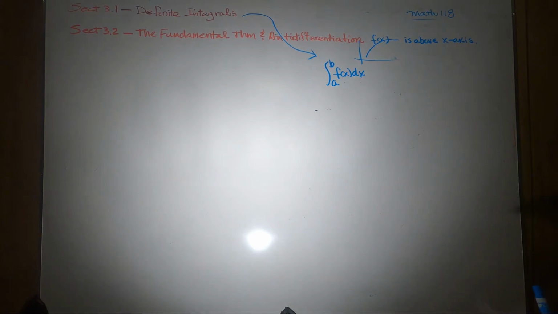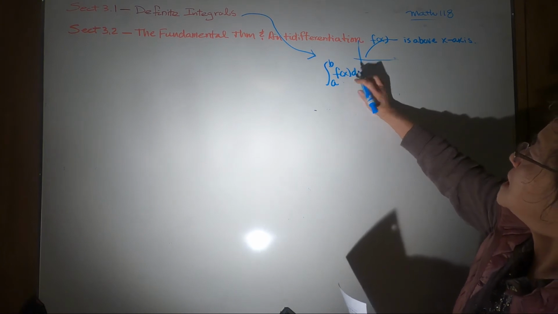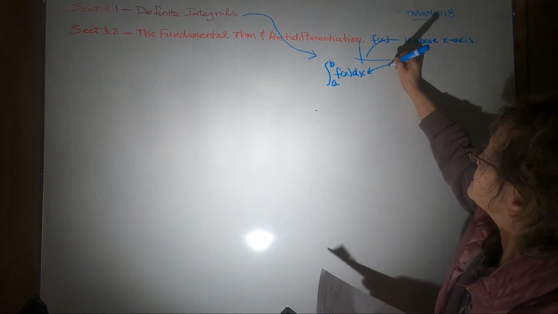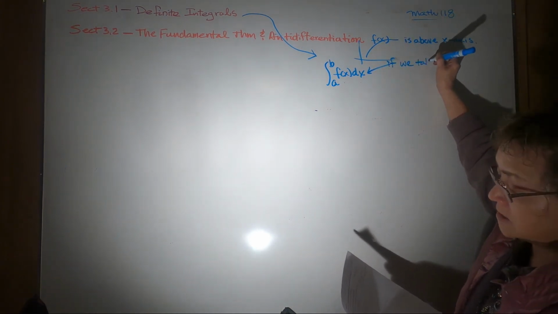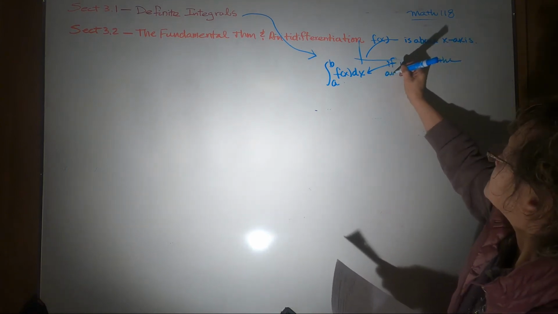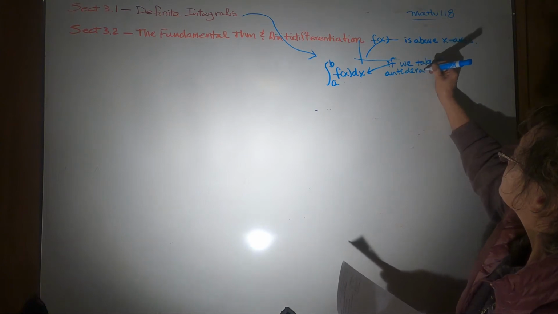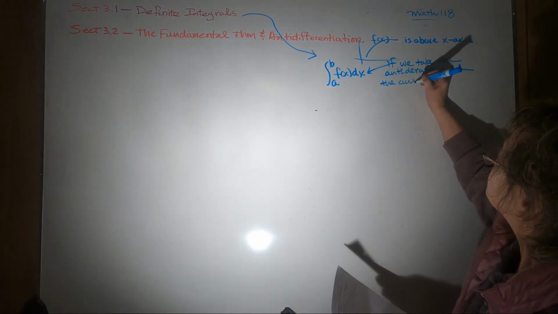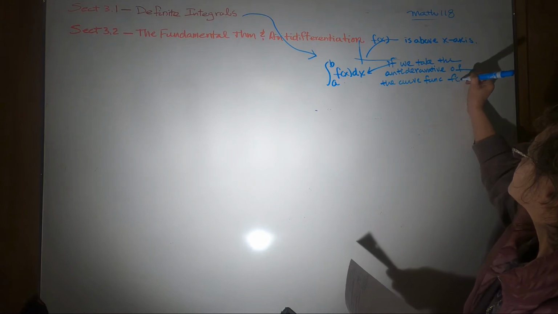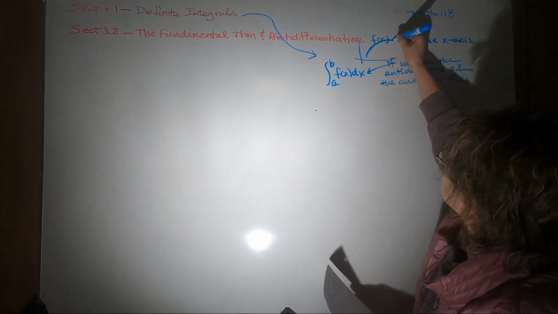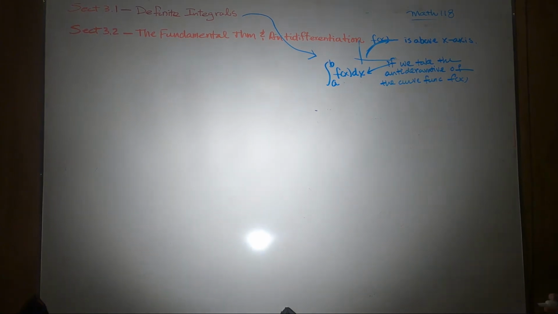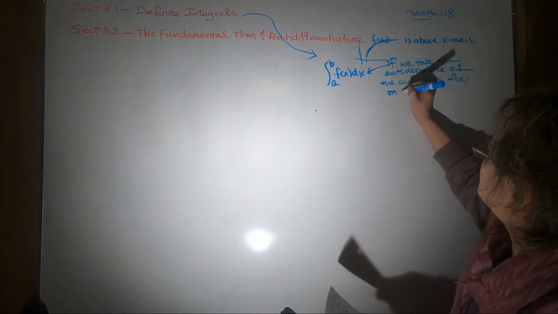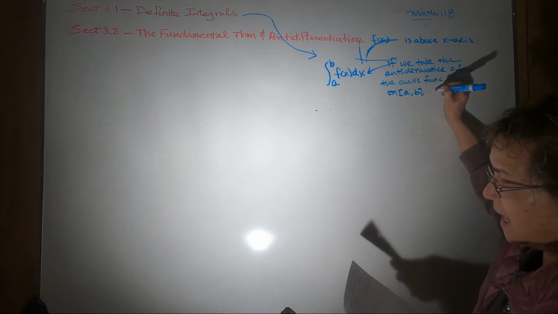Then when we take the antiderivative of the curve function f of x, from point A to point B, what happened?